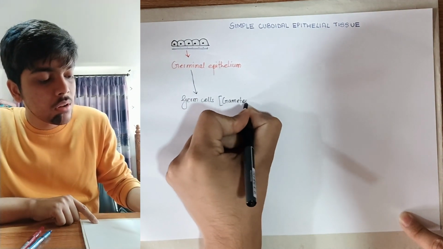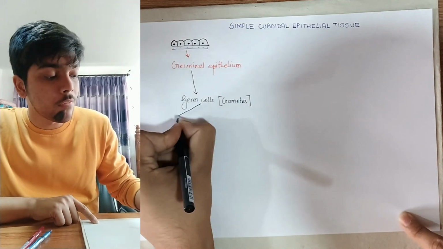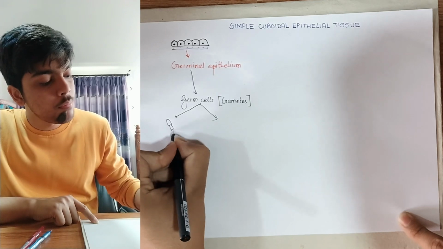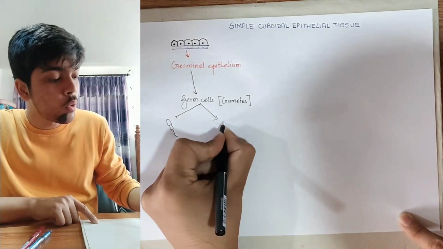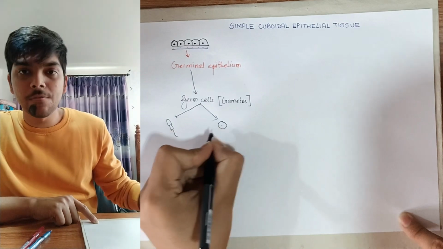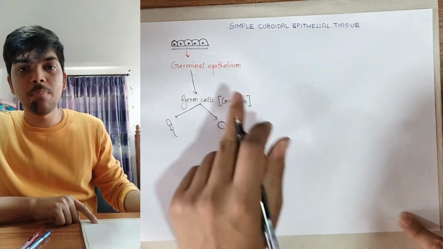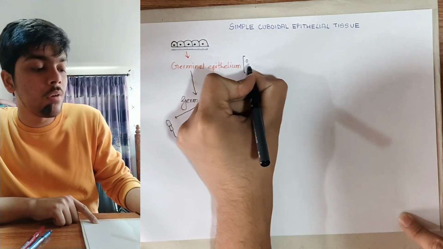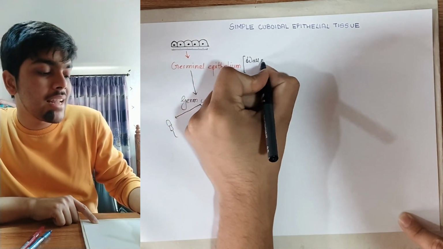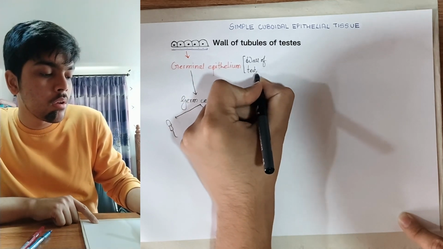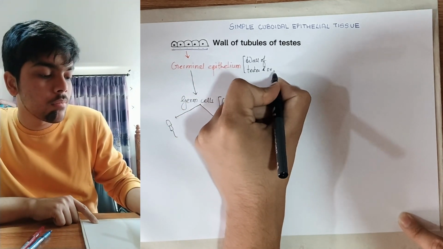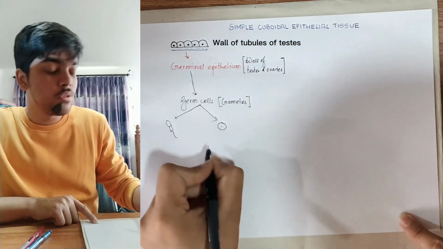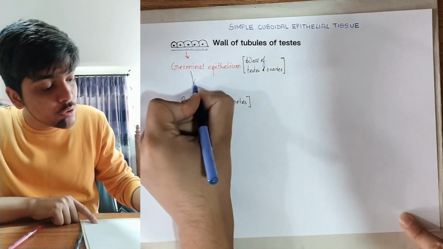Depending on whether you are a male or a female, the gametes are either a sperm in a male or an egg in a female. Germinal epithelium forms the lining of the wall of testes and ovaries.